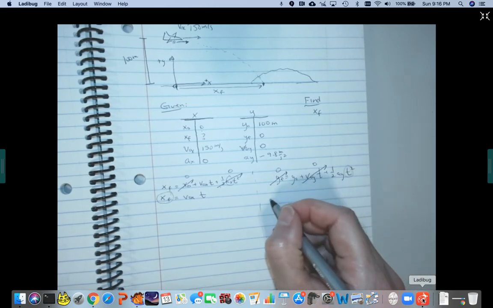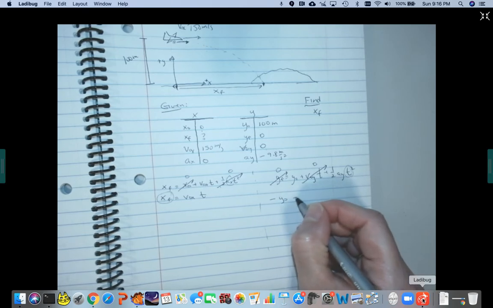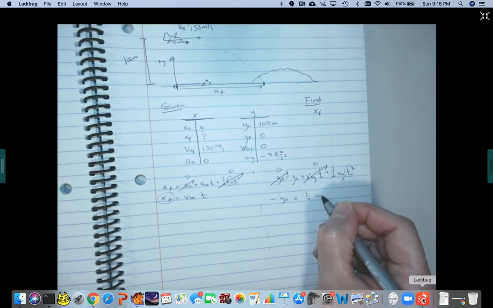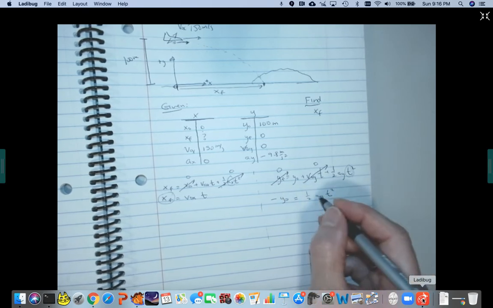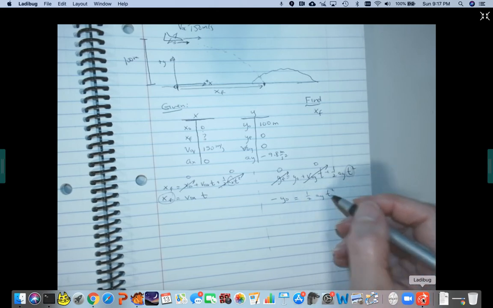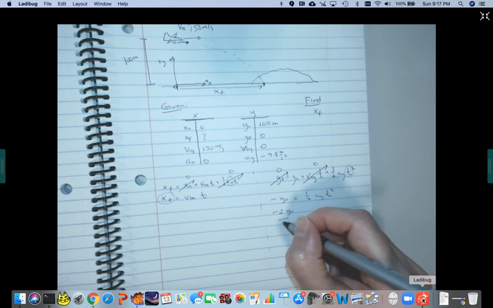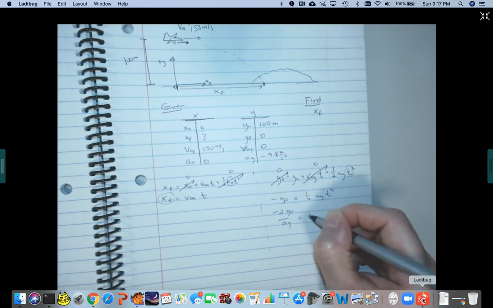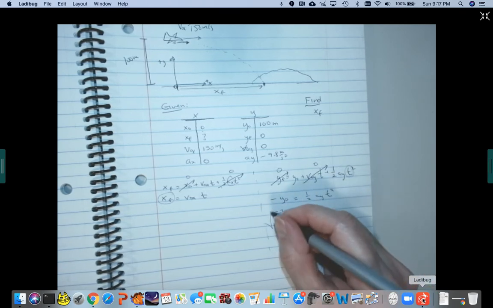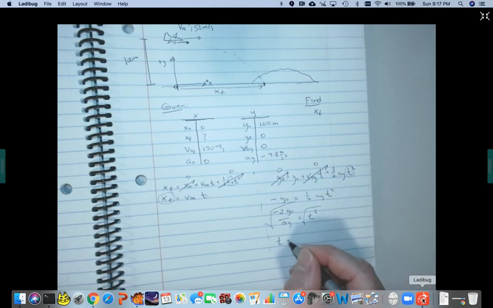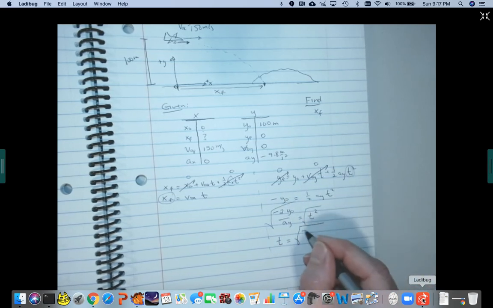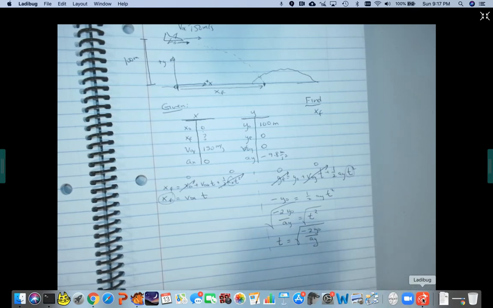For here I want to solve for time. So I can subtract y0 from both sides. Doing my algebra first, I multiply by 2 and divide by ay: minus 2 y0 over ay equals t squared. Now I take the square root of both sides, and I get t equals the square root of minus 2 y0 over ay.